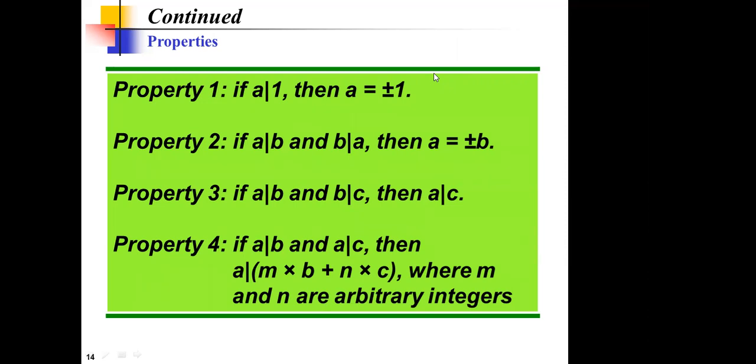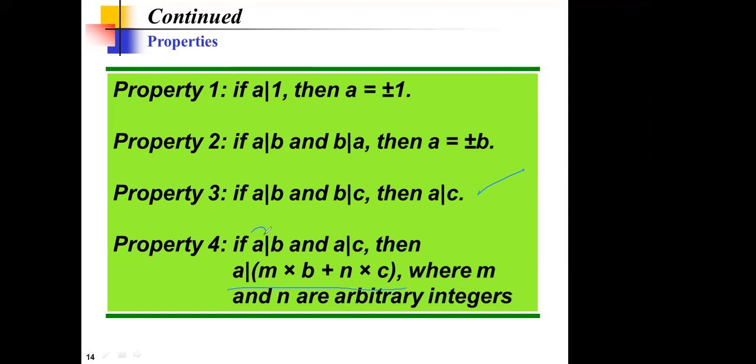If A divides B and B divides A, then A will be plus or minus B. If A divides B and B divides C, then definitely A divides C. And property 4: if A divides B and A divides C, then A divides mB plus nC.